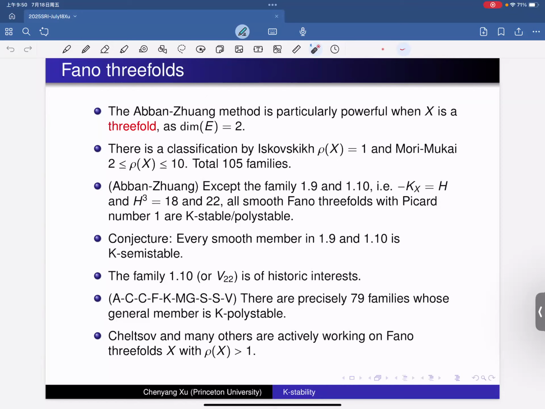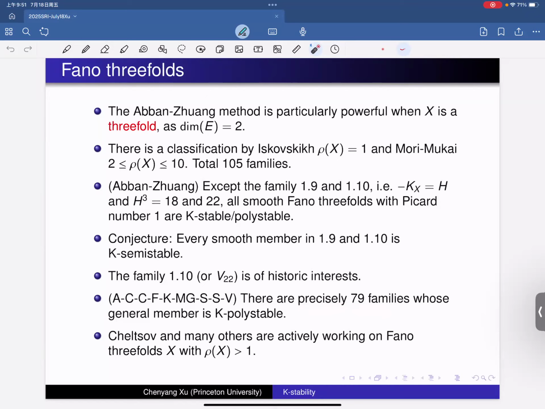And then there is this book by Araujo, Castravet, Cheltsov, Fujita, Kaloghiros, Martinez-Garcia, Shramov, Süß, and Viswanathan. Sorry, I forget how to pronounce the last name. So there are precisely 79 families out of the 105 whose general member is K-polystable.